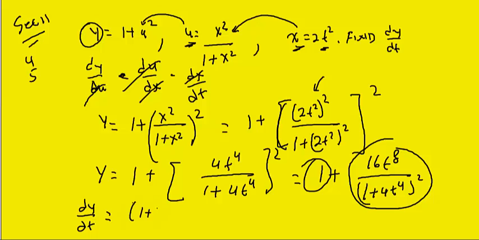Denominator, which is 1 plus 4t to the 4th squared, times the derivative of the numerator. Okay, what is 16 times 8? 128 t to the 7th minus 16t to the 8th times the derivative of the denominator, but for the denominator I have to use the chain rule, which is 2 times all that.